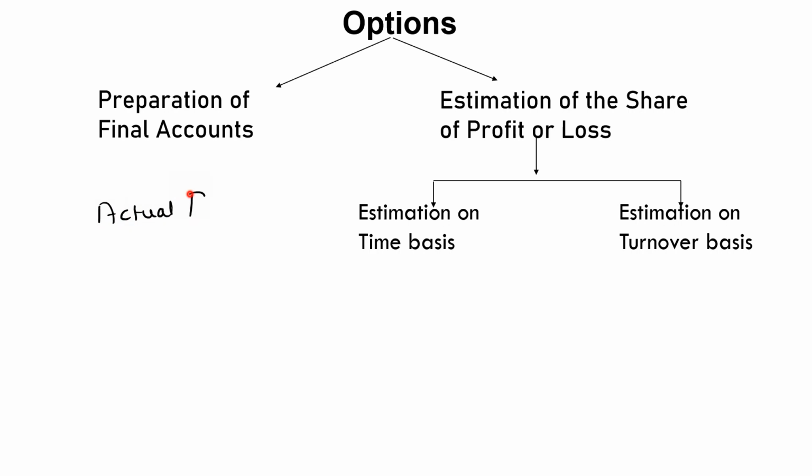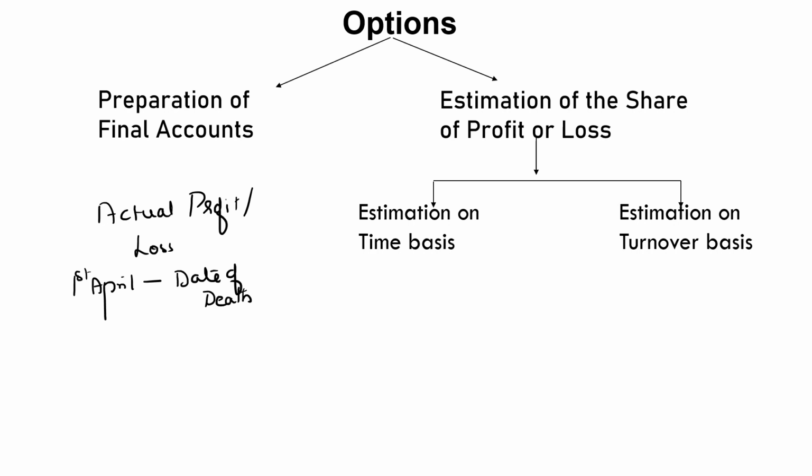So the actual profit or loss for that period, from 1st April of that year till the date of death, would be determined, and then divided amongst the partners in their profit sharing ratio. But this involves a lot of work of closing down the books and a lot of inconvenience to the business.